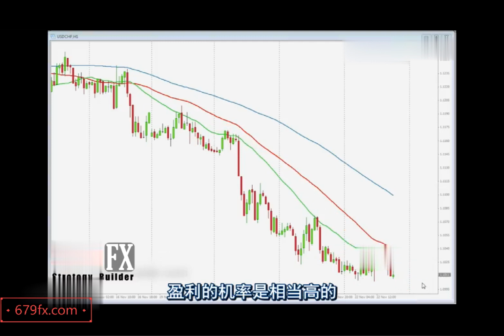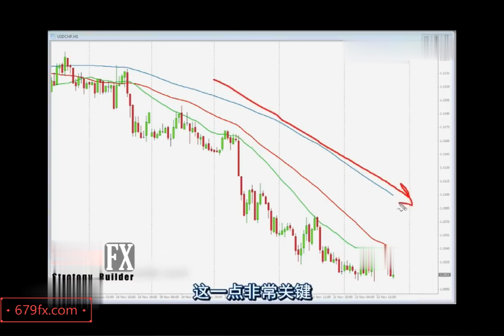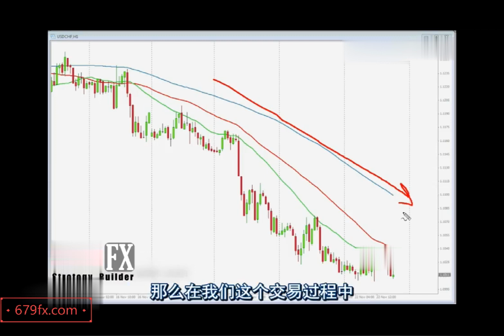You are trading high probability chances. First of all, you are trading in the direction of the main trend. That's crucial, guys. As I mentioned in the first video, if you do not trade in the direction of the main trend, you can forget about achieving any type of consistency as far as trading goes.